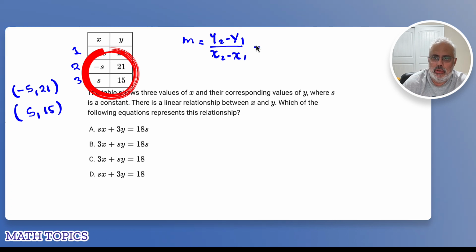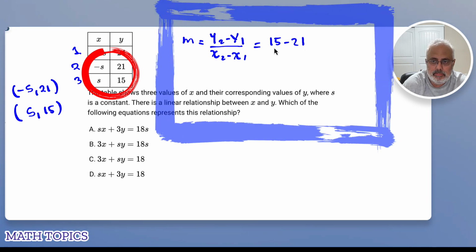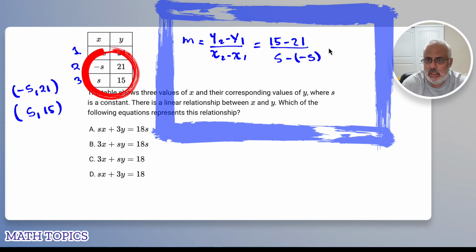And we are going to use the slope formula here, that is y2 minus y1, which is 15 minus 21, divided by s minus negative s. This is negative 6 over 2s, because minus and minus is plus, s plus s is 2s.